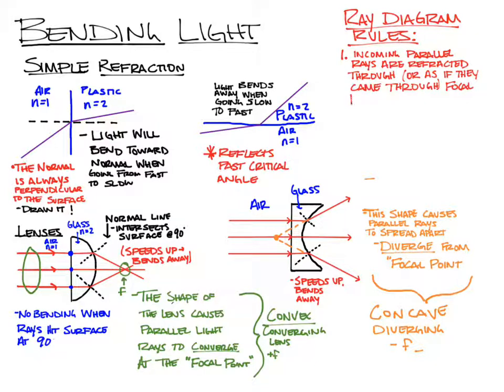The second one is that rays that pass through the focal point, rays that come in through the focal point, go out parallel, or rays that look like they are heading to the focal point go out parallel.